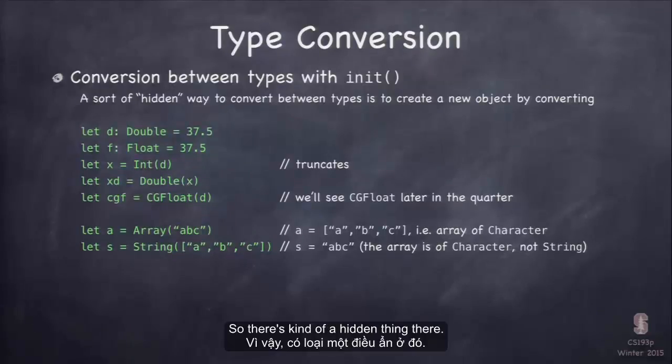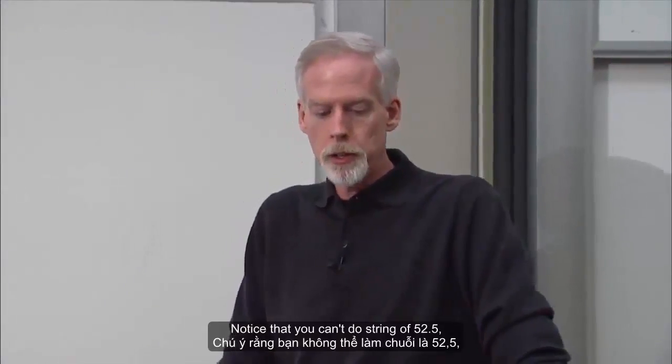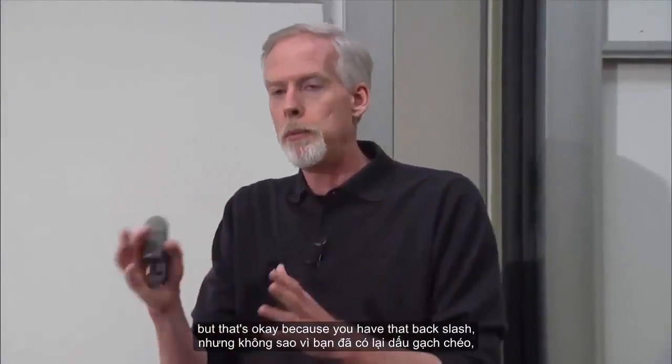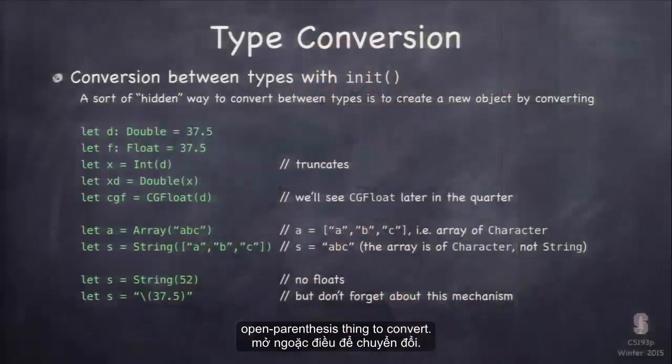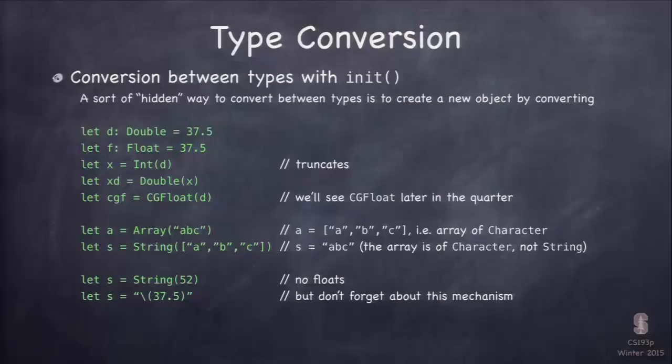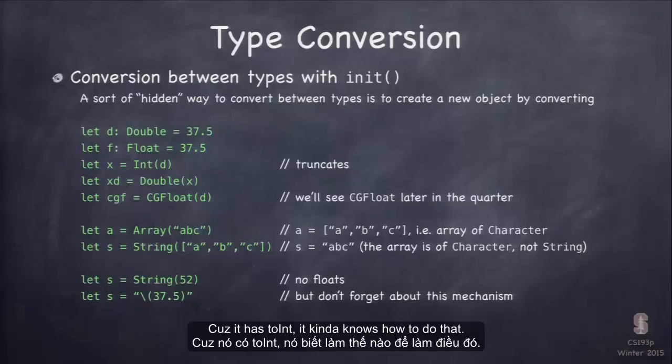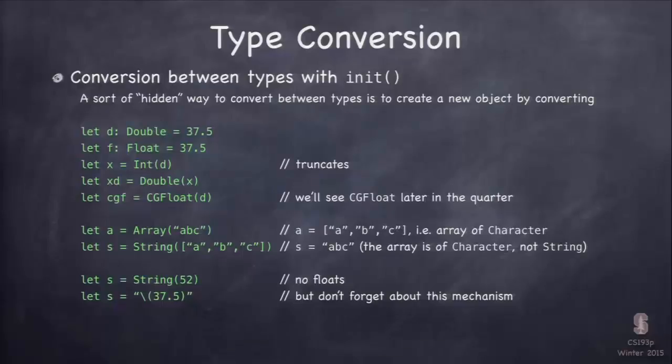So there's kind of a hidden thing there. Notice that you can't do String of 52.5, but that's okay because you have that backslash open parentheses thing to convert floats to strings. You can do String of 52 though, because it has toInt. It kind of knows how to do that.